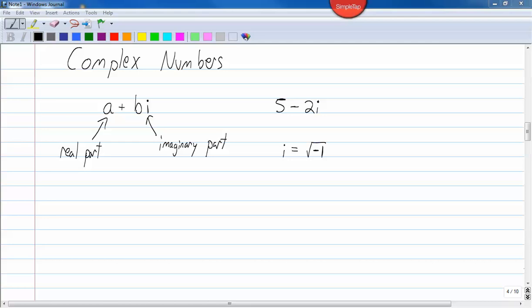But if we define an imaginary number as the square root of -1, and we use the variable i, which is i to the first power, then i squared would be equal to the square root of -1 times the square root of -1, or just -1.